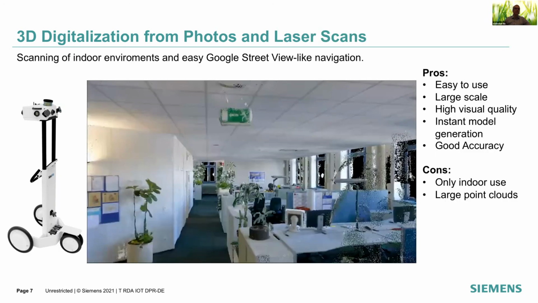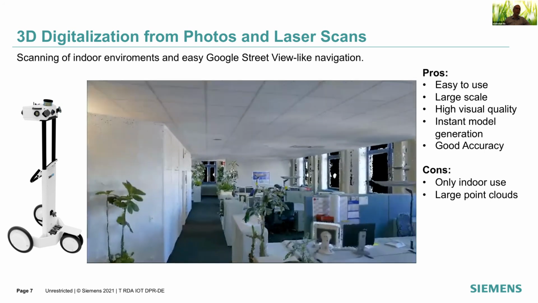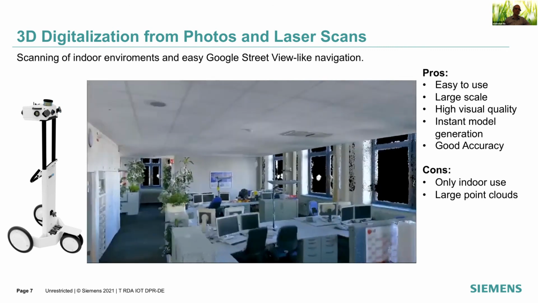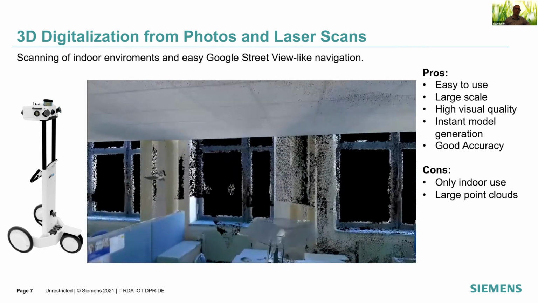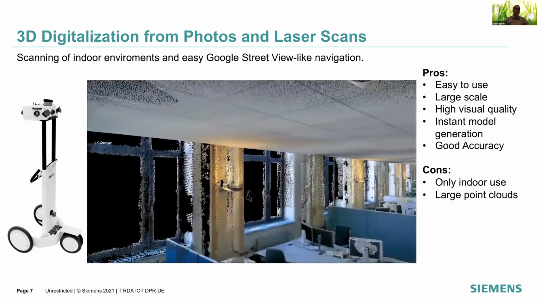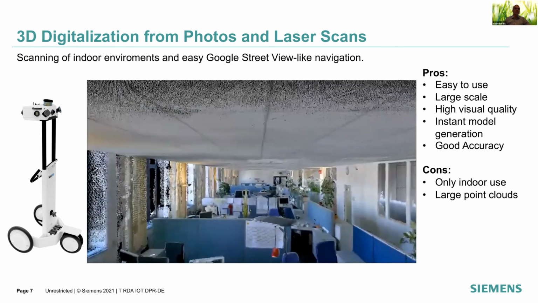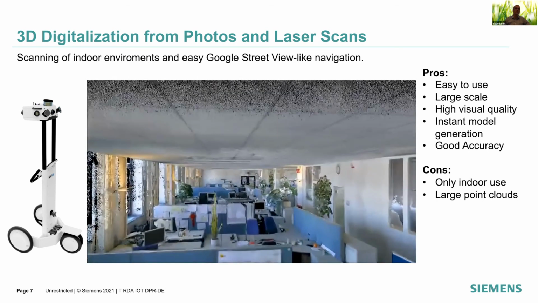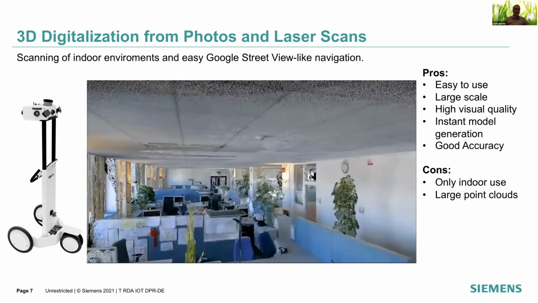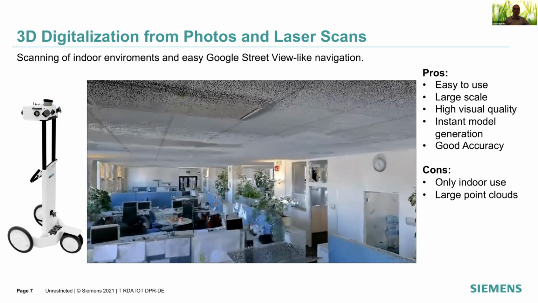In the end, I want to show the use case of a new, modern acquisition platform from a TUM startup, Navis, which combines cameras and laser scanners. They built a trolley that can do the 3D reconstruction of the interiors of buildings, and it allows Google Street View-like navigation through the digital twin, or this 3D reconstruction.